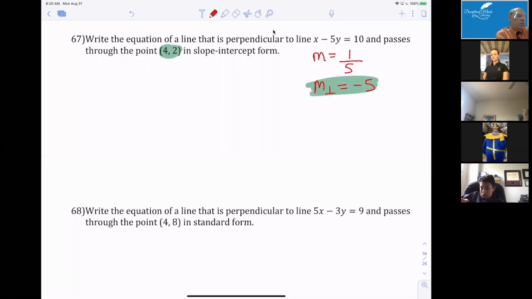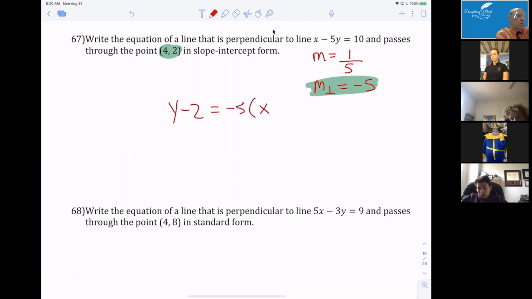Morty, good. Y minus, equals -5 x. Beautiful. Now we're trying to get it into y equals mx plus b.